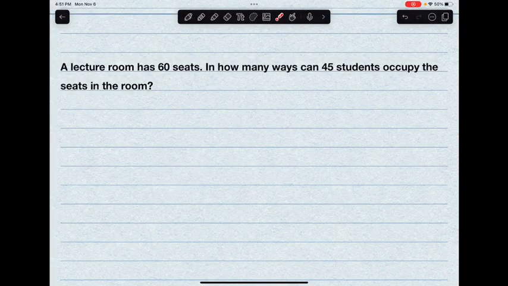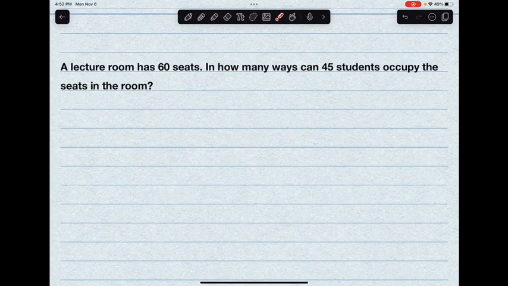A lecture room has 60 seats. In how many ways can 45 students occupy the seats in this room? Okay. So here we have 60 seats. So for this question, it's important how to think about solving it. We can say, okay, we have 60 seats, for each seat how many choices do we have? That is the wrong way to think about this question.